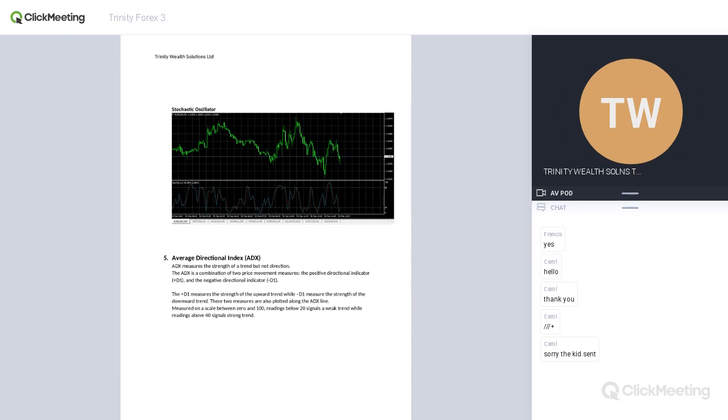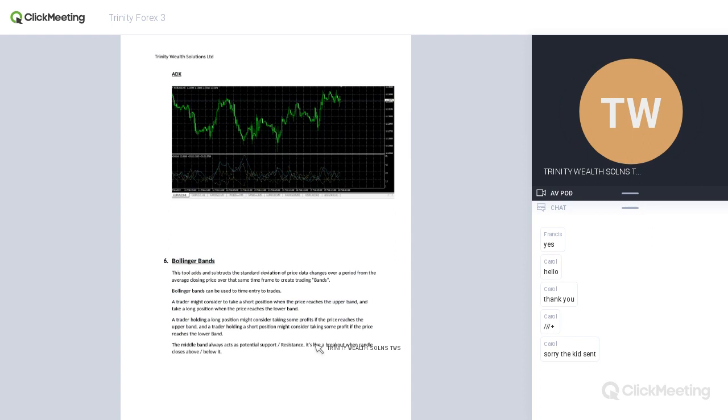So readings below 20 signal a weak trend, while readings above 40 signal a strong trend. We're going to see that on the platform, to be clearer there.